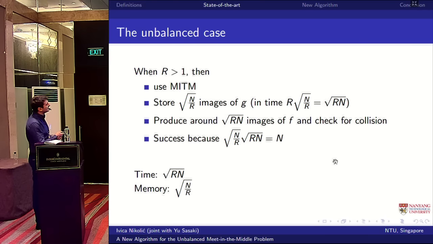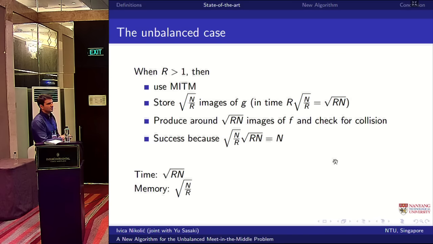So you can see why we unbalance here the number of calls, because g costs r times more. So even though we produce this many images of g, because it costs r, the total time complexity for producing the first set is square root of rn, same as in the second case. So this meet in the middle requires time of square root of rn, and memory square root of n divided by r.